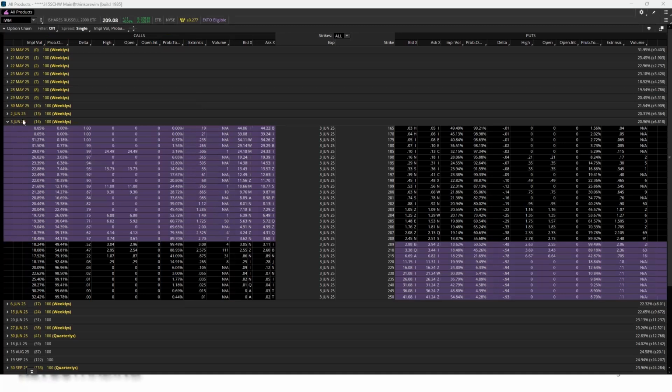Those are some of the things I'm looking at. And then I'm also looking at volume and open interest. Again, we'll look at this as it relates to the actual adjustment. So I'll get to that now.